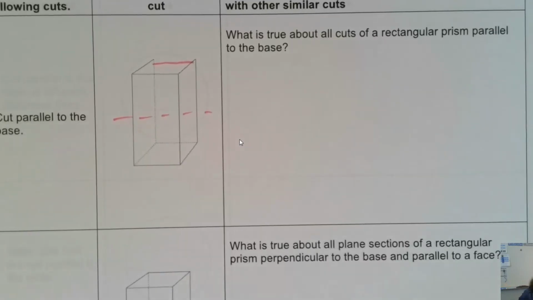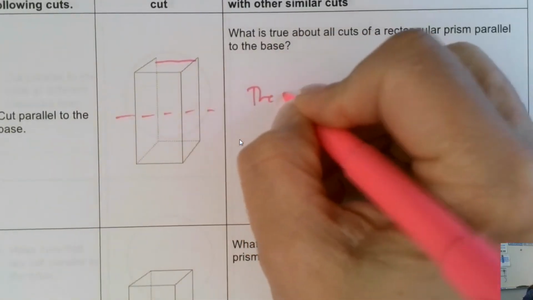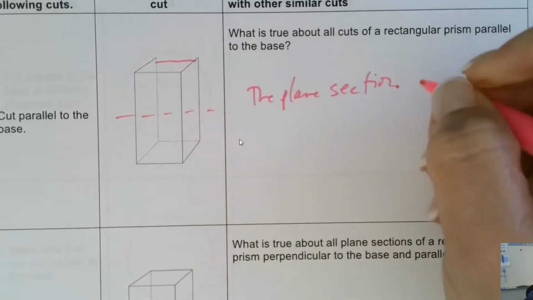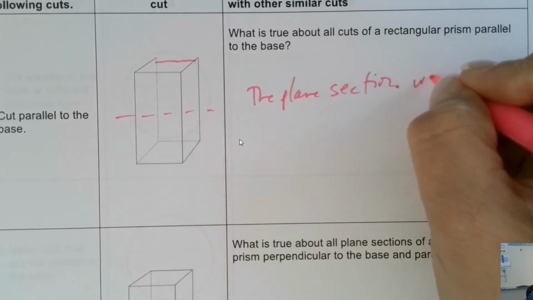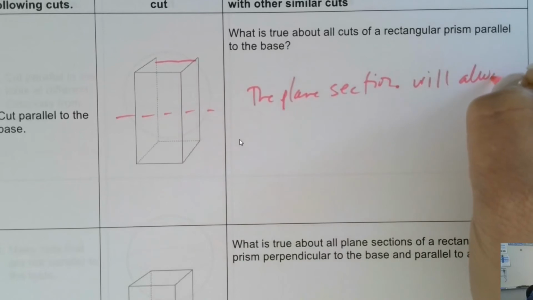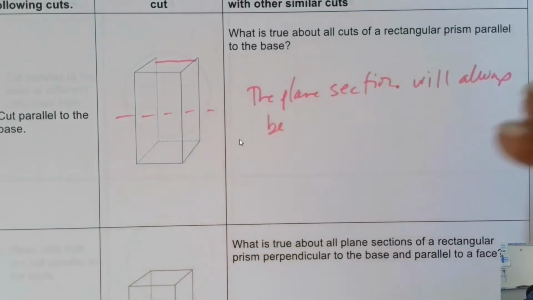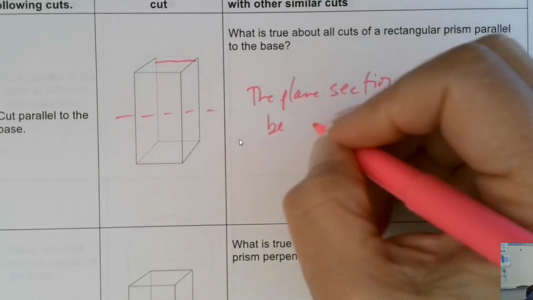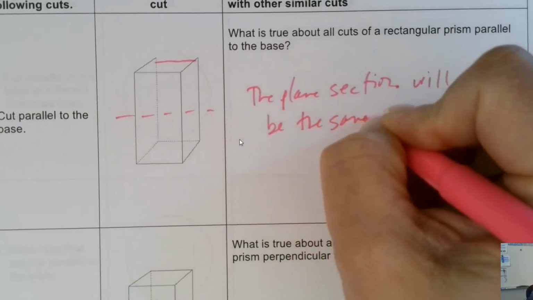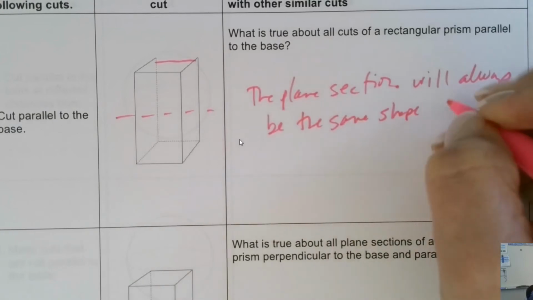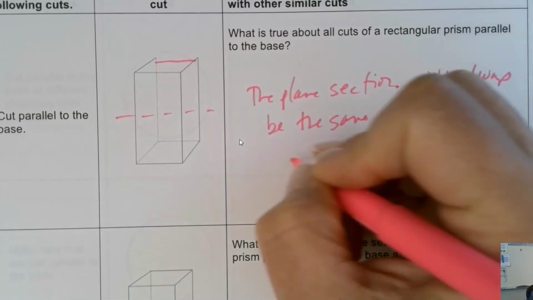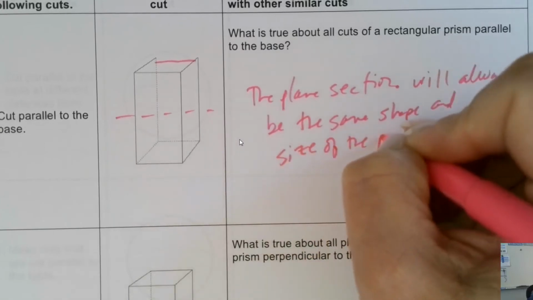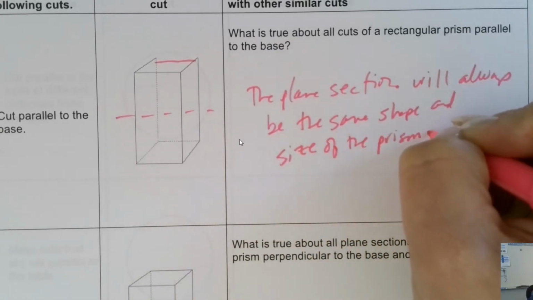So the plane section will always be the same shape and size of the prism's base.